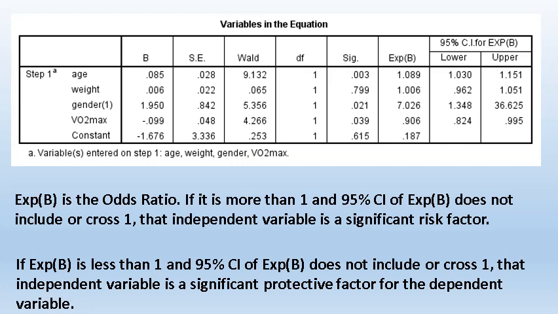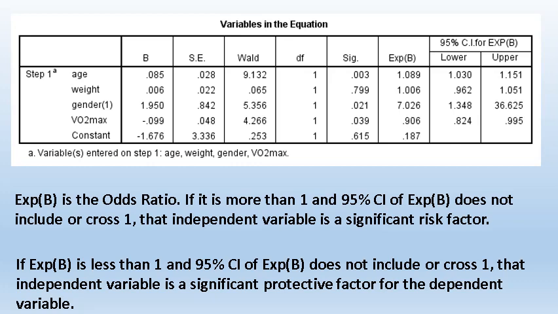Age. Exponential B is 1.089. That means odds ratio is 1.089. For each 1 unit increase in age, the risk of development of heart disease increases by 1.089.